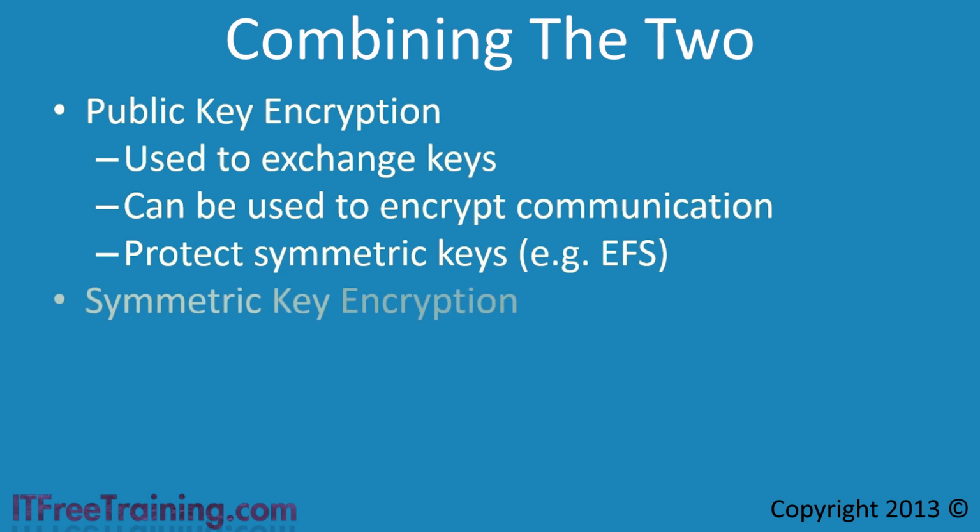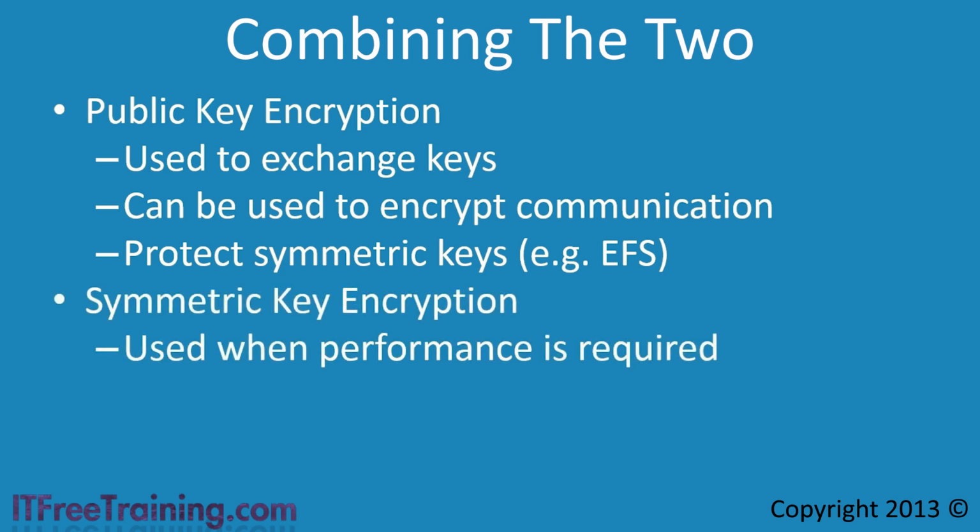For these reasons, symmetric key encryption is often used when performance is required. Public key encryption is used when you do not want to have decryption occur without the private key. You will find that some systems combine the two to give multiple users access. For example, Windows file encryption uses a combination of both encryption types so that multiple users, including recovery users, can access the symmetric key.